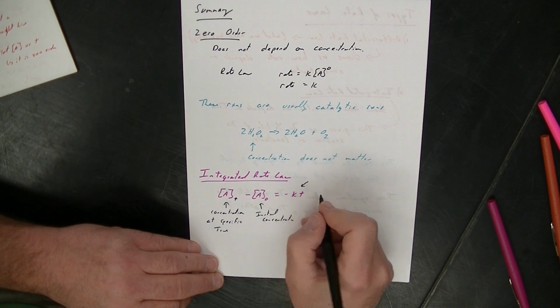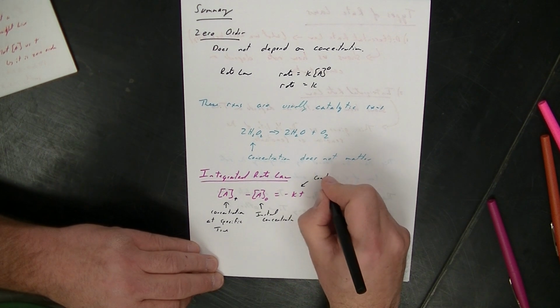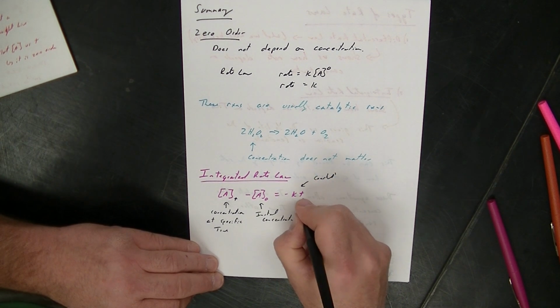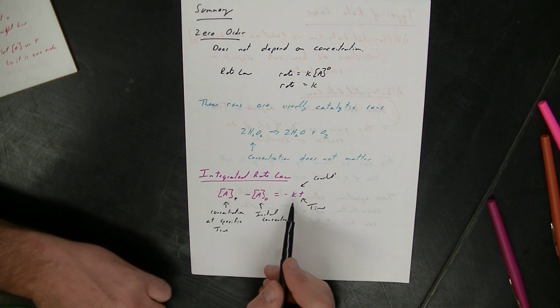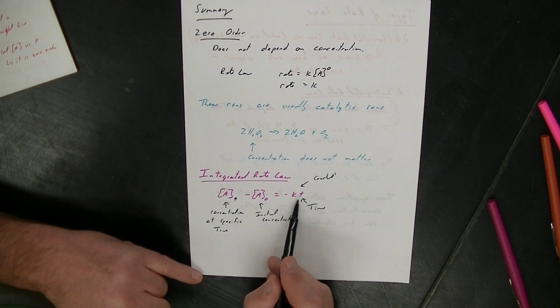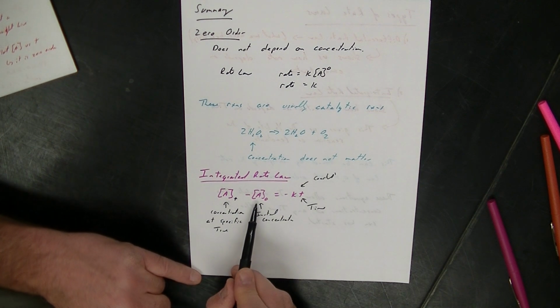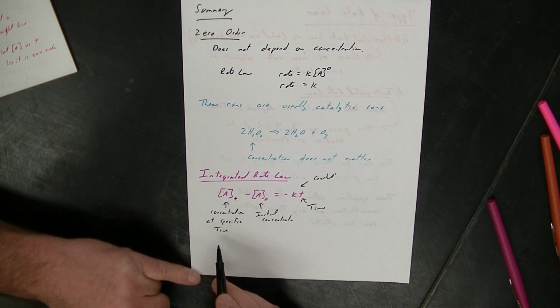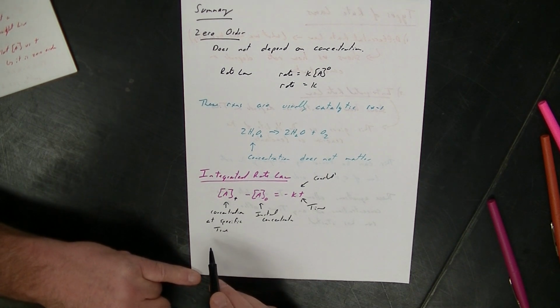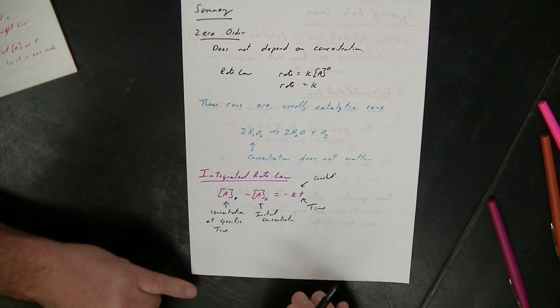We know k is our constant, and t is time. So if we know our constant, we know time, and we know our initial concentration, and this is a zero order reaction, we can figure out the concentration at any time during a reaction using this equation.